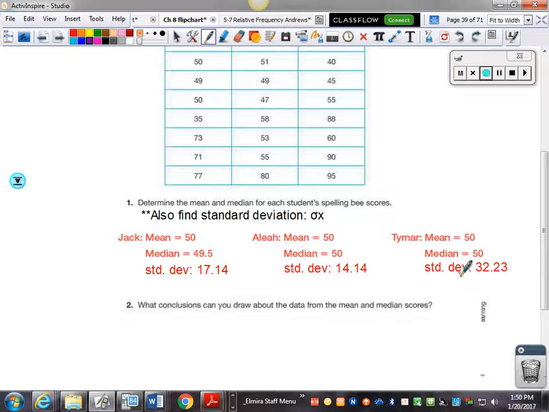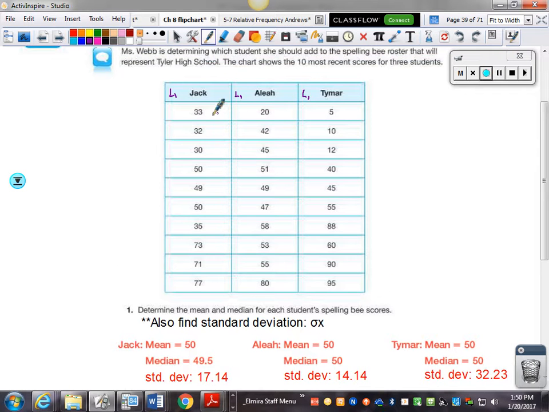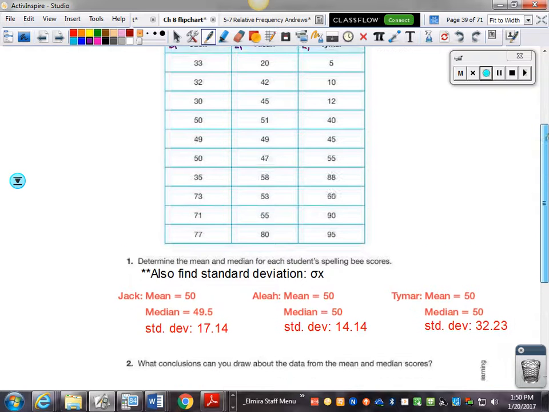Jack has a higher lowest score: 33 compared to her lowest, which is 20, a 13-point difference. And his highest score is lower than hers, but only 3 points lower. So it's hard to decide.